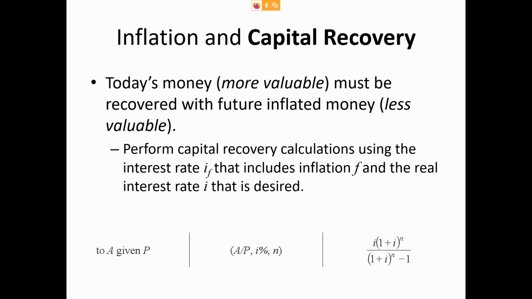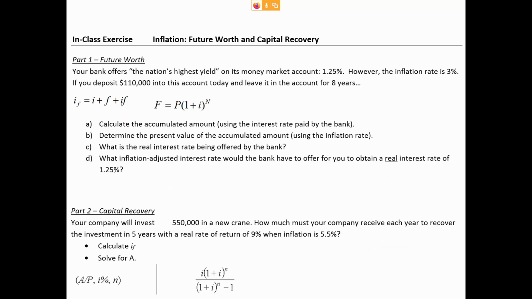So use I sub F in this formula, the ratio A to P. If you find an annual equivalent of some present initial cost, what this is saying is substitute I sub F in this formula.